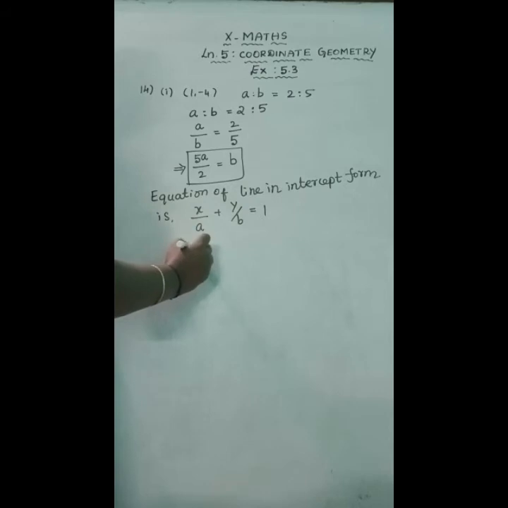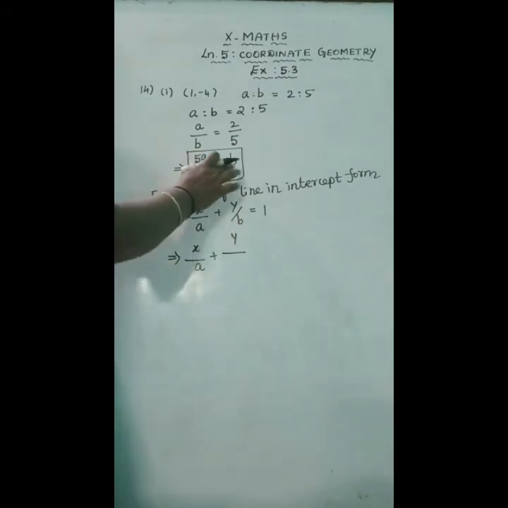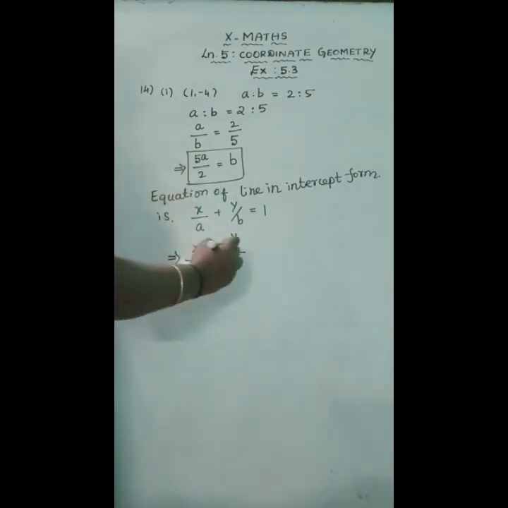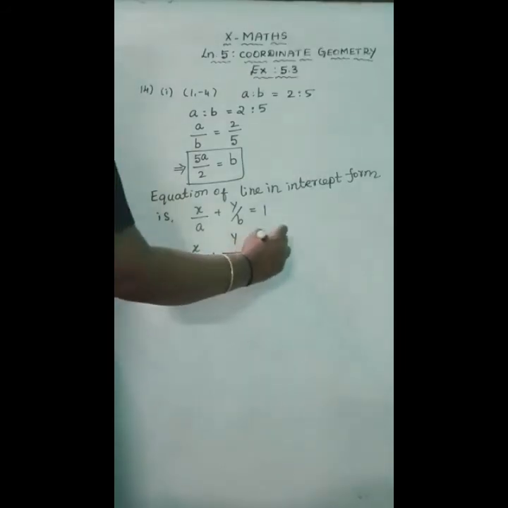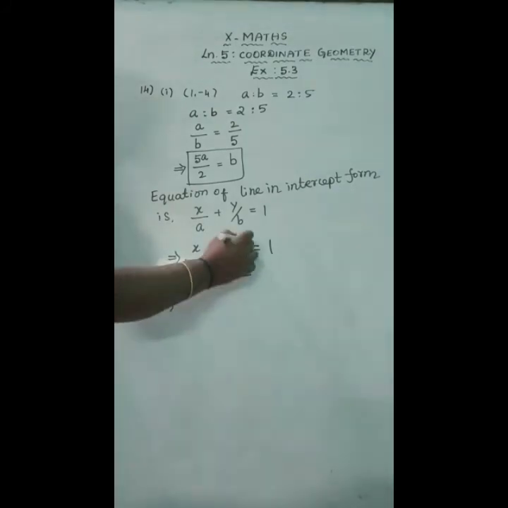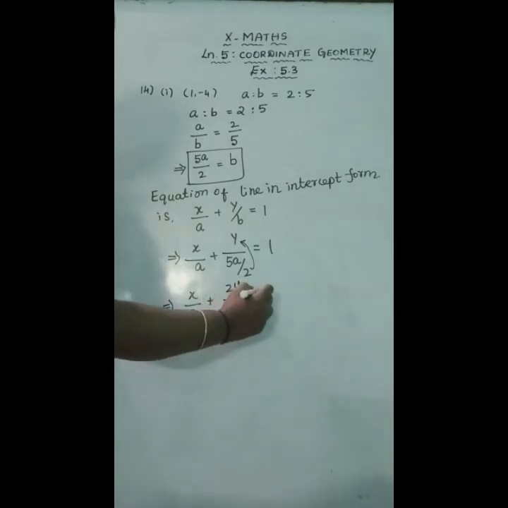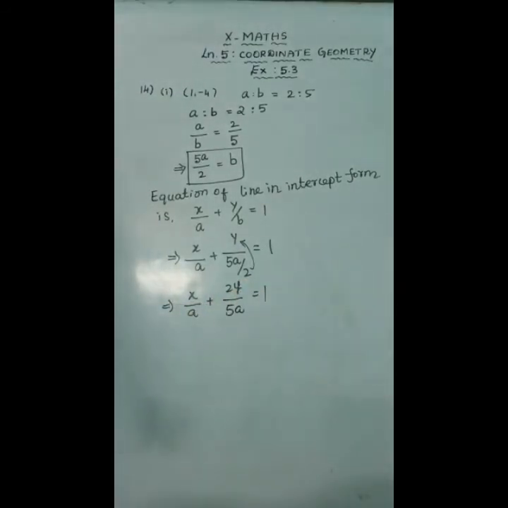So here x divided by a plus y divided by b, where b is 5a divided by 2. Applying this value here, 2 is multiplied into y. We have x by a plus 2y divided by 5a is equal to 1.